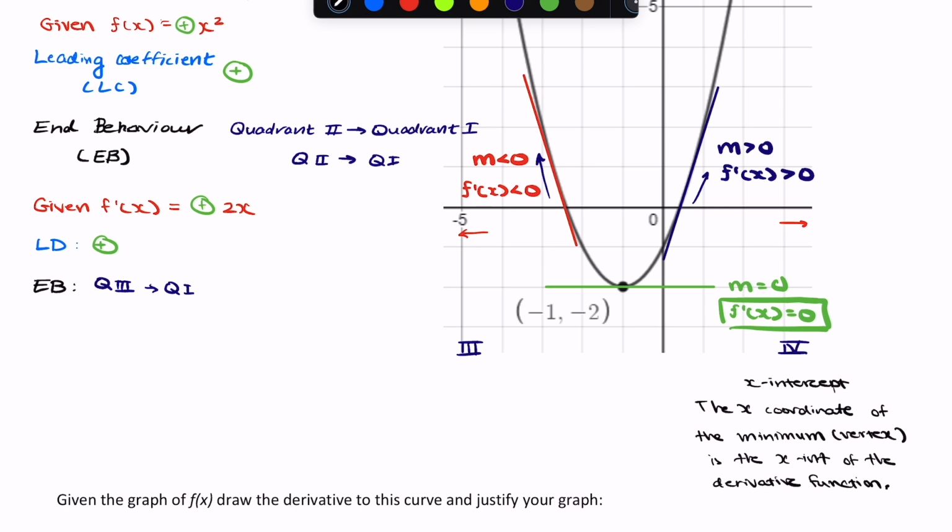Here we see that the x-coordinate of our vertex would be -1, which gives us our x-intercept as well. So if we draw our line, draw it through here.